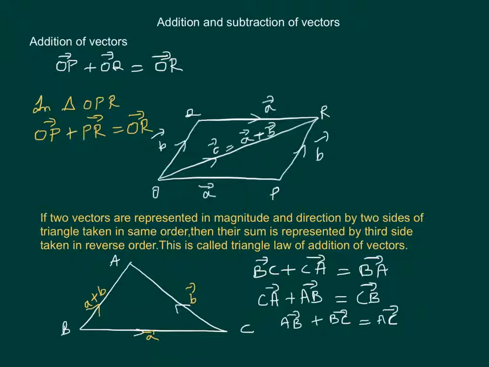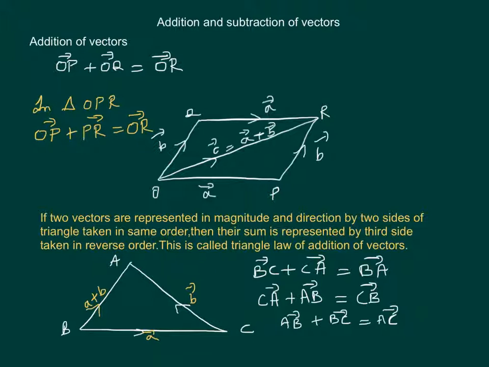An important point to be noted here is that in both the laws, that is the first one, the parallelogram law of addition of vectors, we are getting A plus B to be another vector, and here also using the triangle law of addition of vectors we are getting another vector which is the sum of these two vectors.